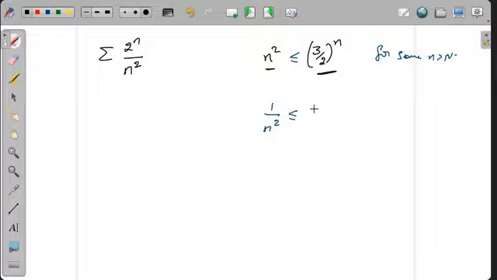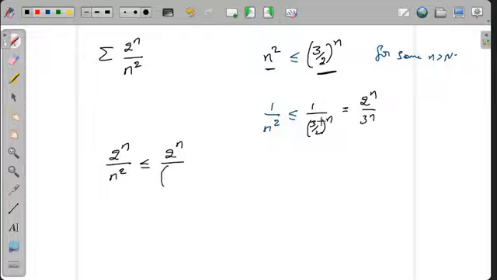So 1 by n square is going to be less than or equal to 1 by 3/2 whole power n. It is going to be 2 power n by 3 power n. So now we can say that 2 power n by n square is less than or equal to 2 power n over 3/2 whole power n, and that equals, taking it into the numerator, 4 power n over 3 power n.